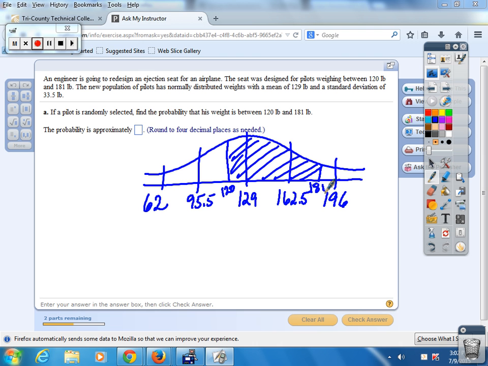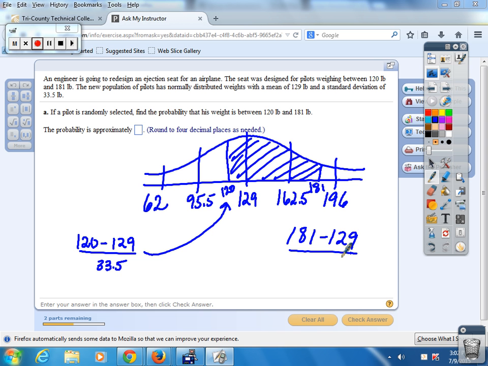Okay, so find that probability. So 120 minus 129 over, what's the standard deviation? 33.5. And that'll give you that one. And then 181 minus 129 over 33.5. And that'll give you that one.